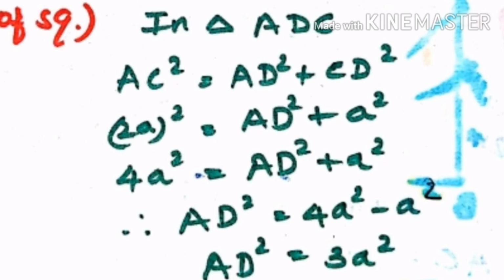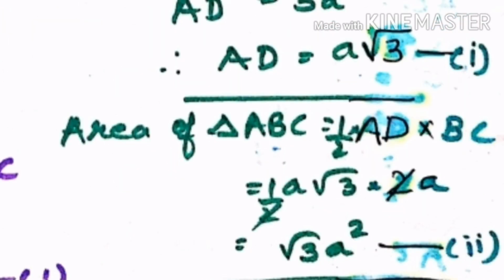Therefore, AD square is equal to 4a square minus a square. Now 4a square minus a square is equal to 3a square. So on both sides we get squares, and we can take the square root to get our value AD. For that, AD is equal to: a square's square root is a, and 3's square root is root 3. So our first proof is completed: AD is equal to a root 3.